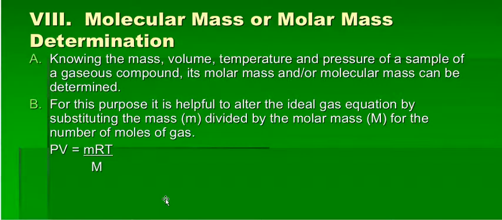We can alter the ideal gas law by substituting mass, which is a small m, and molar mass, which is a capital M. So if you're trying to solve for molar mass or you're trying to solve for density, this is the equation we're going to use. It is the ideal gas law; we're just making appropriate substitutions for n, the number of moles.